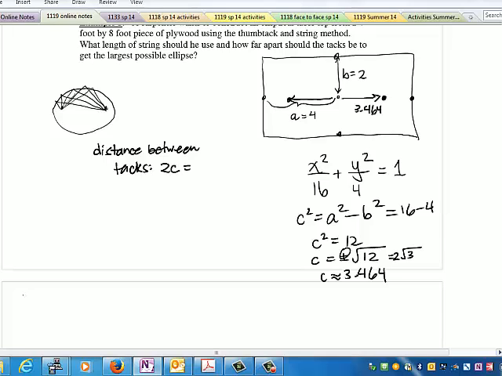So 2 times the square root of 12, which would be approximately 2 times 3.464, and that would be in feet. So that's how far apart we want the tacks. That's just the distance between the two foci.